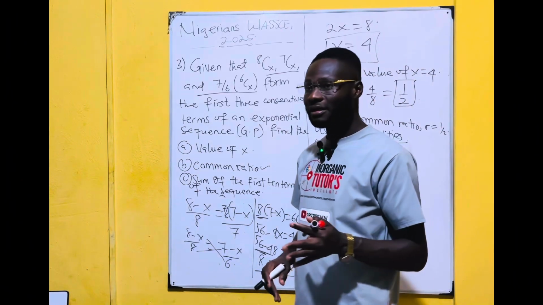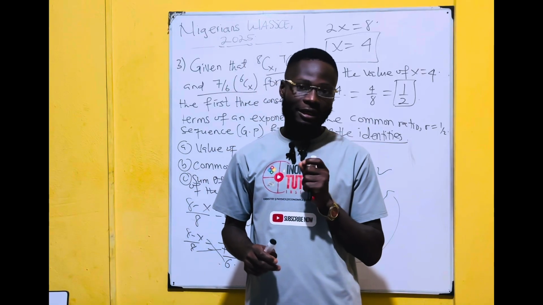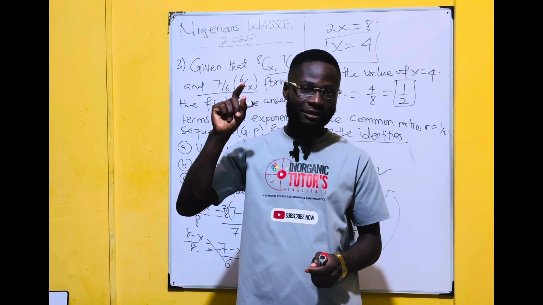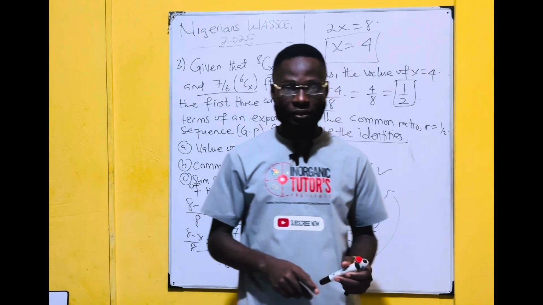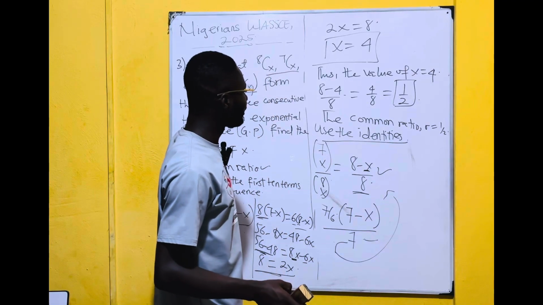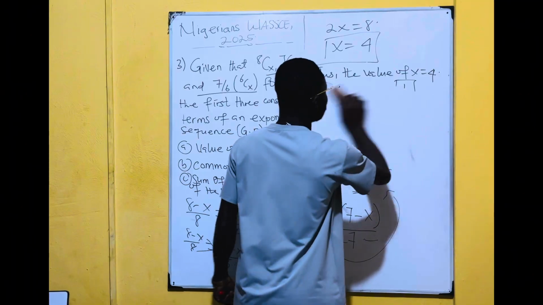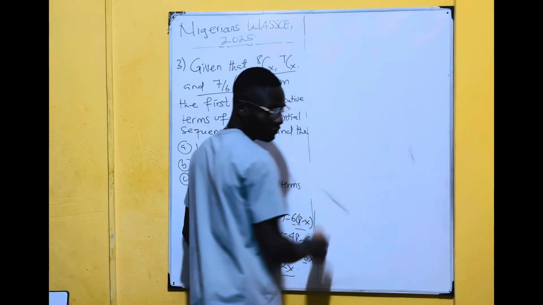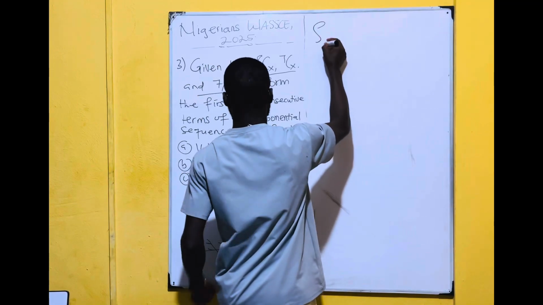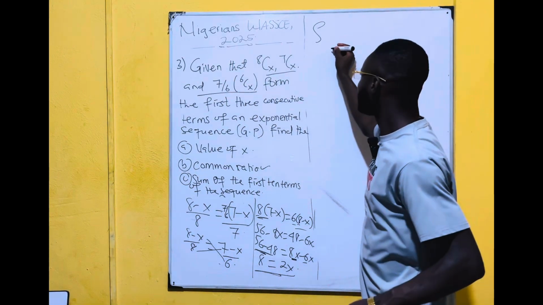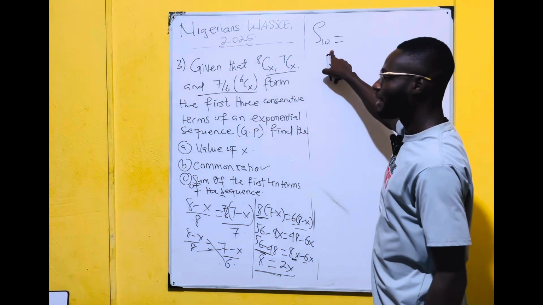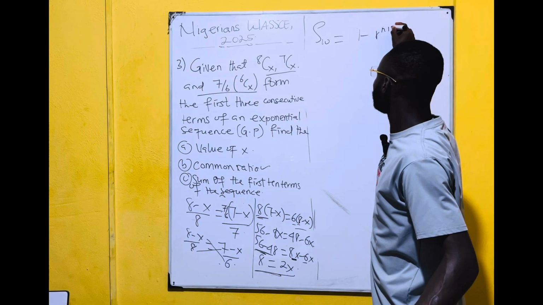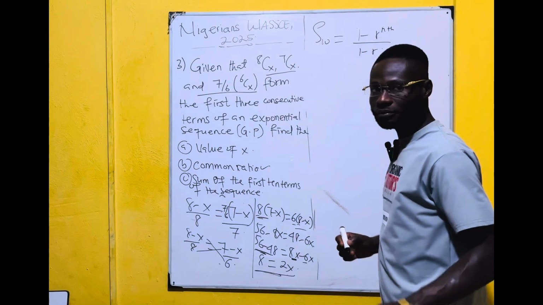So remember that we have a formula for it, right? S equals a times (1 minus r to the power n) divided by (1 minus r). Remember, r should be less than 1. Sorry, I said greater than 1; it should be less than 1 instead. So we're going to have our sum of the first 10 terms, S sub 10, equals a times (1 minus r to the power n) divided by (1 minus r), right?